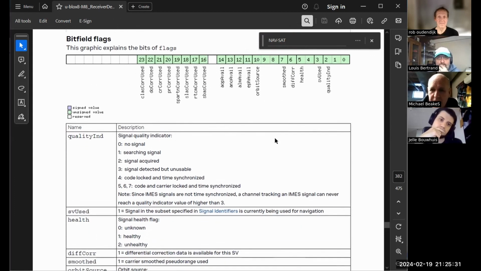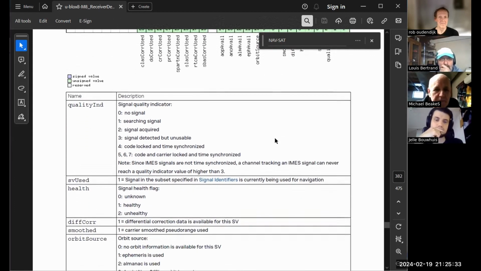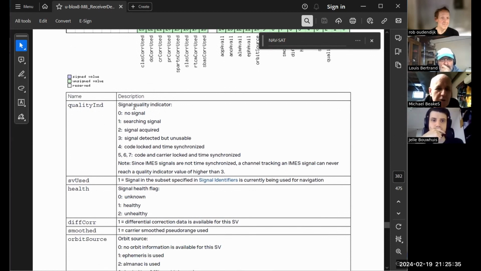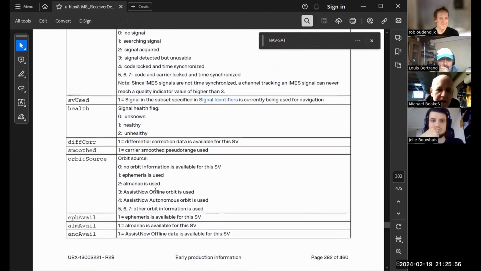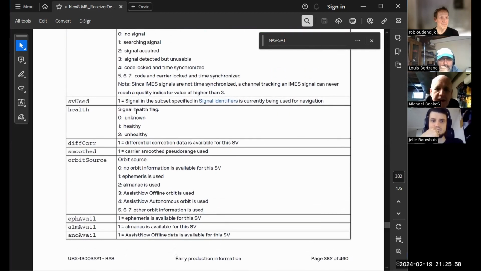I guess they're leaving some space open for expansion, but you have the quality. The first 3 bits are the quality indicator: no signal, searching, and as the number increases, the quality of the connection is better. Then the most important one is SVUs, the signal is being used for navigation. Then you have the healthy 2-bit health indicator, and then it goes into other.